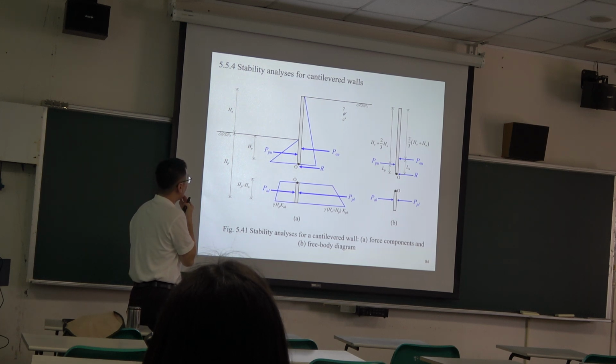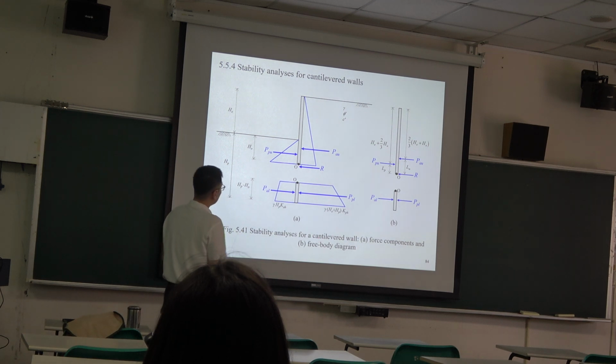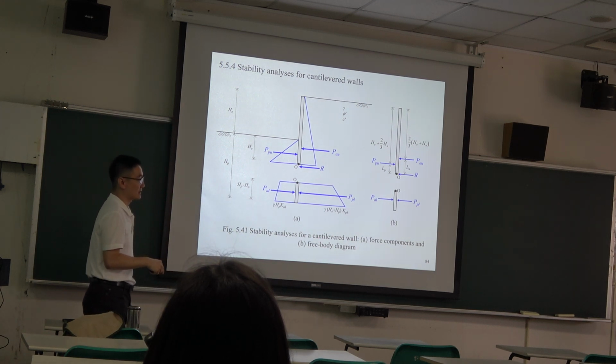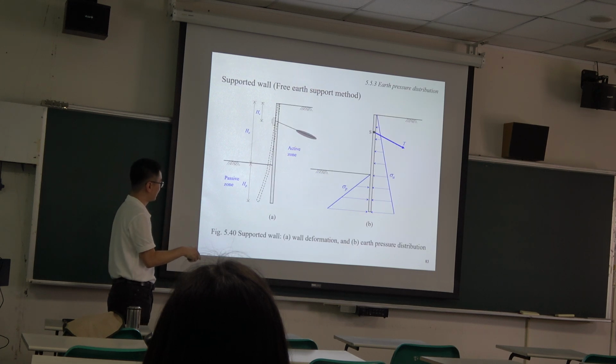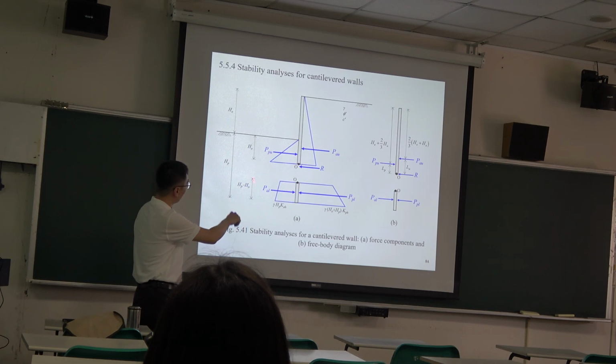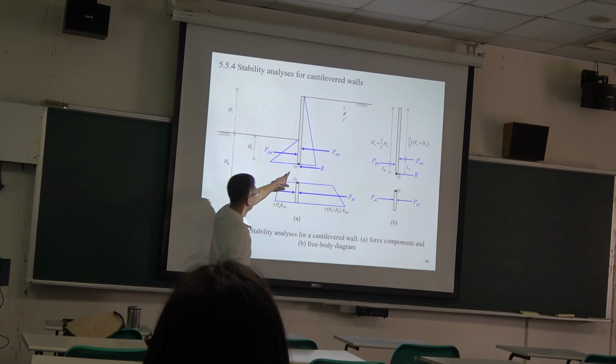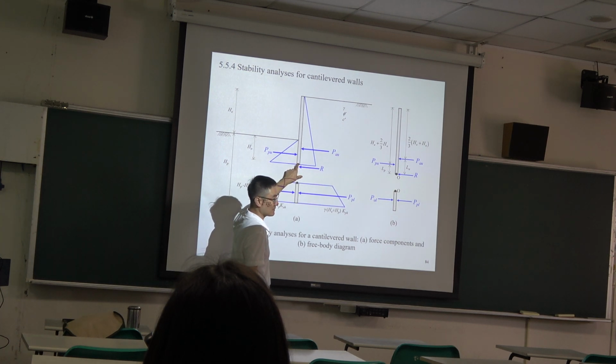Okay, then for the cantilever wall, we use the fixed earth support method. Remember, for all of these, point O is a turning point, so there is a gap.